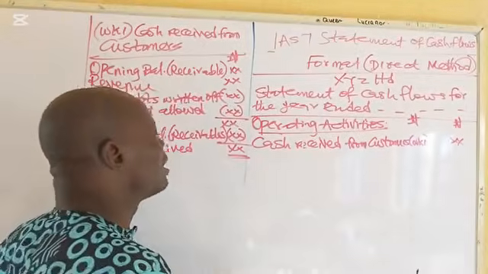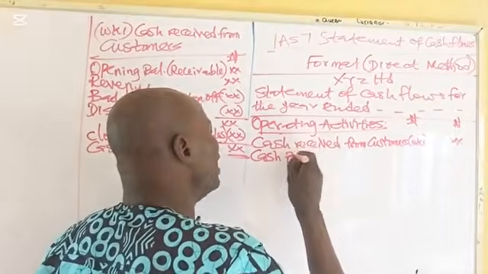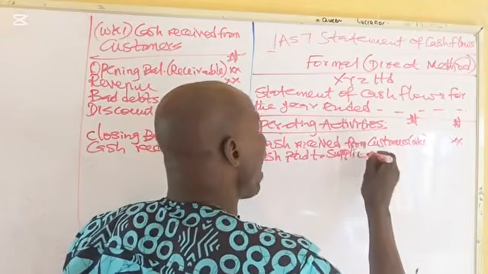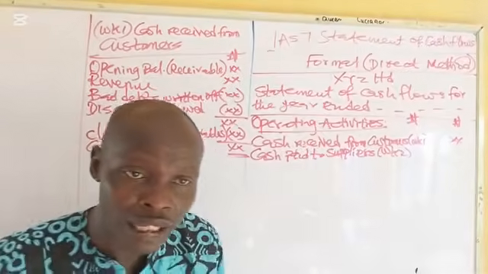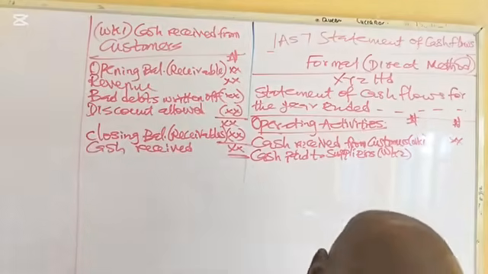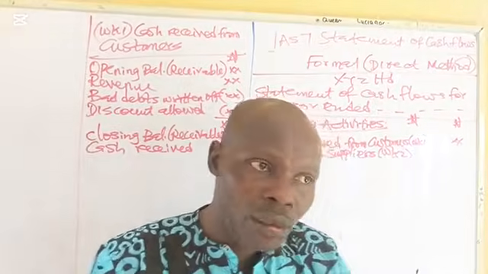So cash paid to suppliers. Who are the suppliers? Creditors. Or vendors.